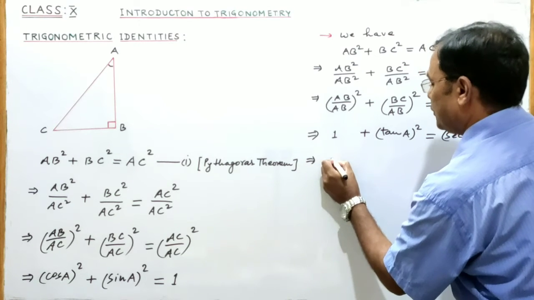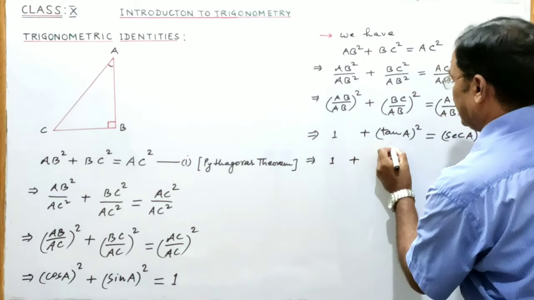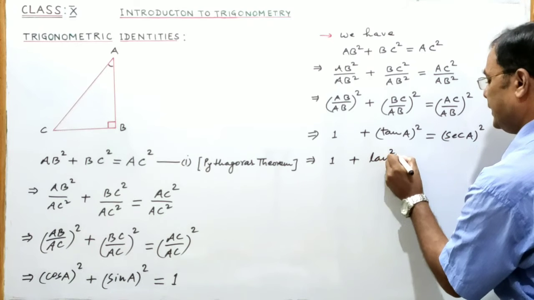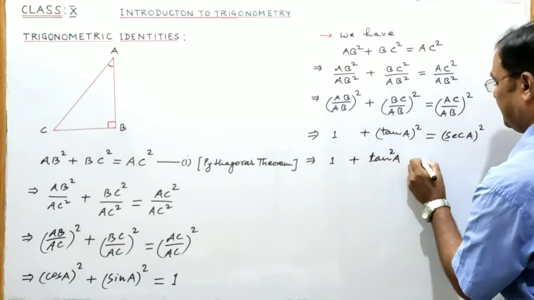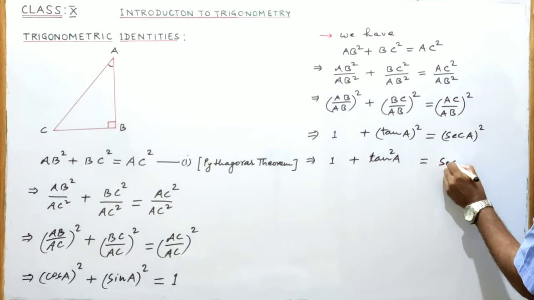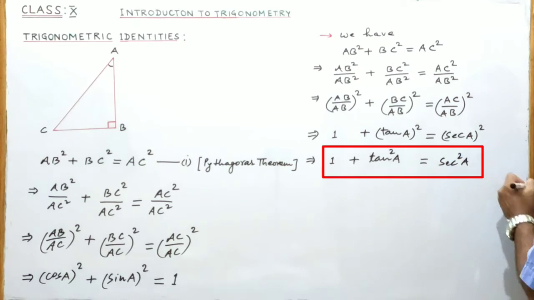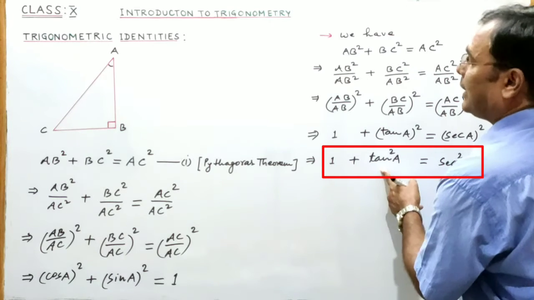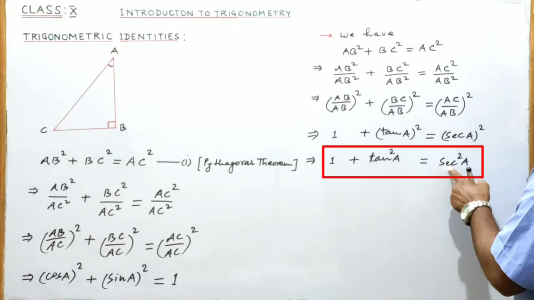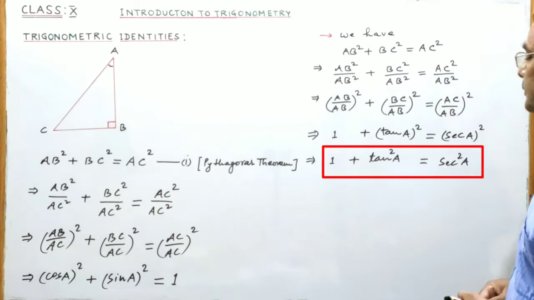This is equal to 1 plus tan square A equal to sec square A. And this is another identity, 1 plus tan square A is equal to sec square A.